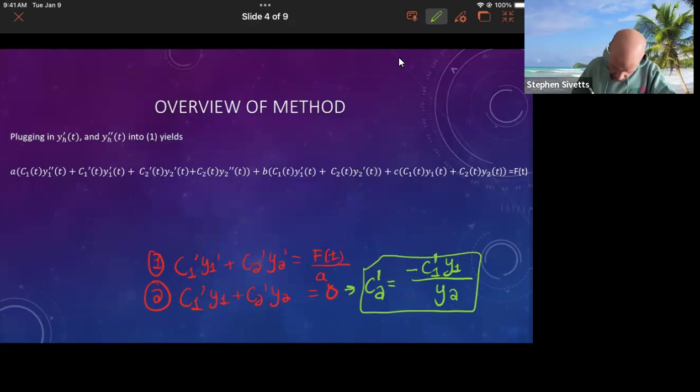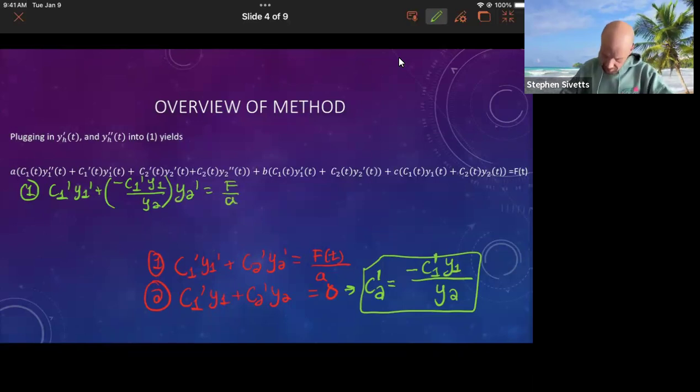And then by equation 1, we have C1 prime Y1 prime plus C2 prime Y2 prime, so that will equal minus C1 prime Y1 over Y2 times Y2 prime. And this equals the function F of t over A, which could be a constant or a function.